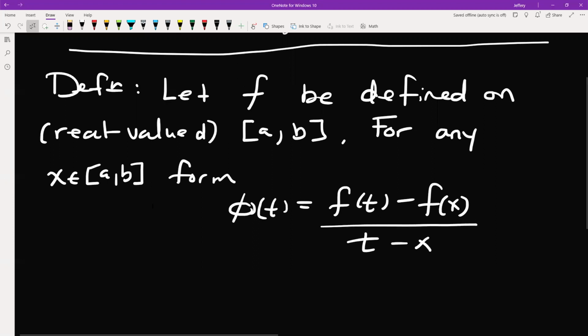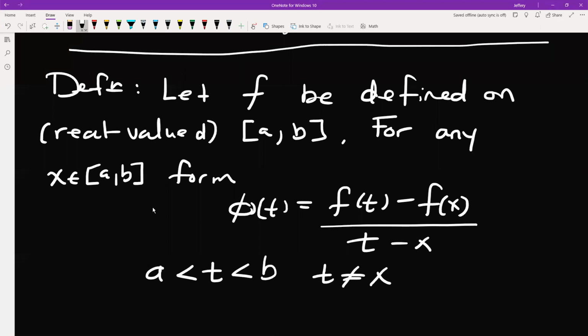Now you're like, hey, wait, where did t come from? t is also in this interval, but here we have that a is less than t and t is less than b. So t is not going to be equal to the endpoints, and also we want t not to be equal to x.